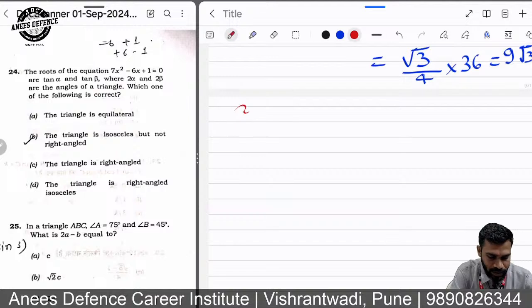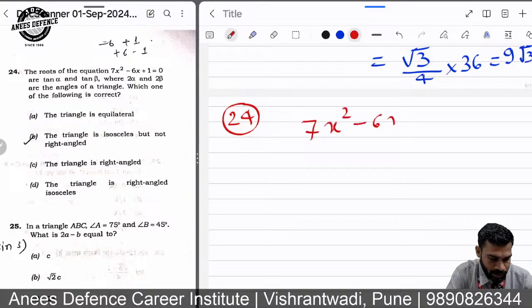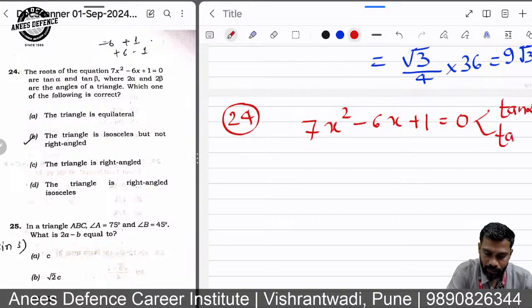What is there in the question? The roots of the equation 7x square minus 6x plus 1 is equal to 0 are tan alpha and tan beta. We have to find out the type of the triangle basically.